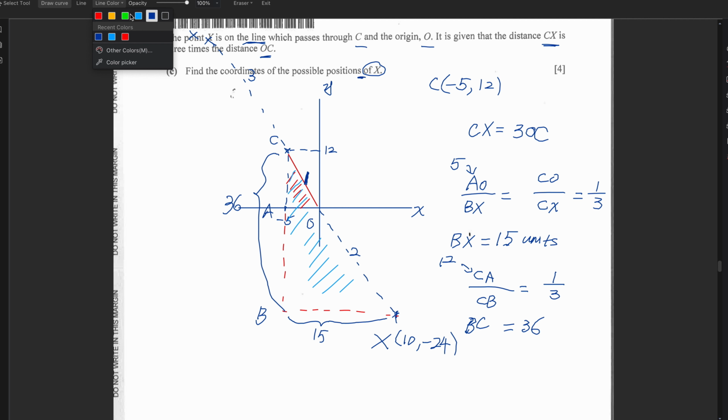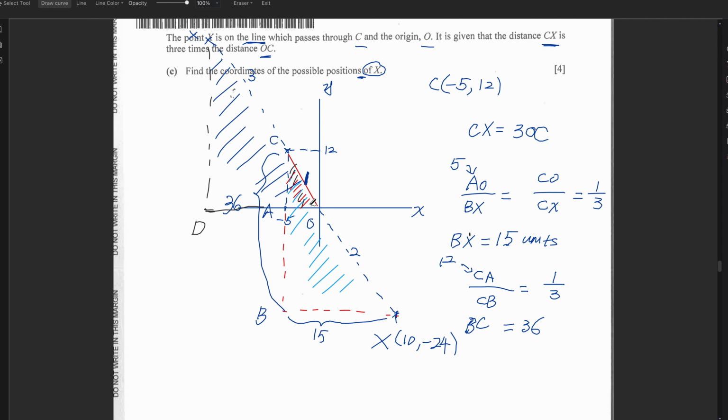And the second one, you can do the same. We can label this, so this is X and this can be my D. We can just write it. This triangle here is going to be similar to the bigger one, right?